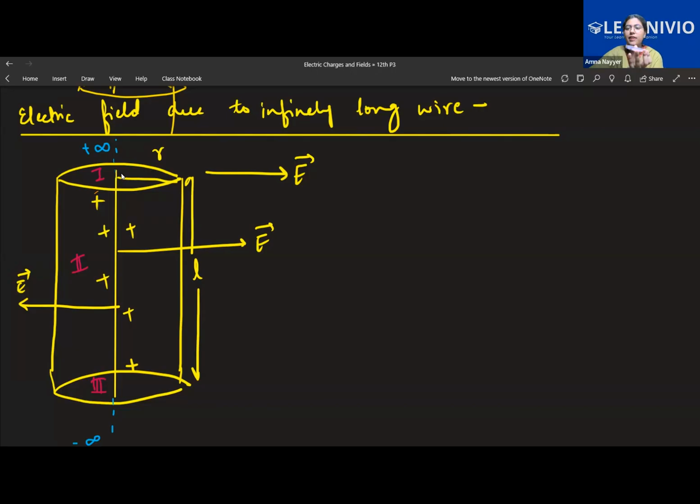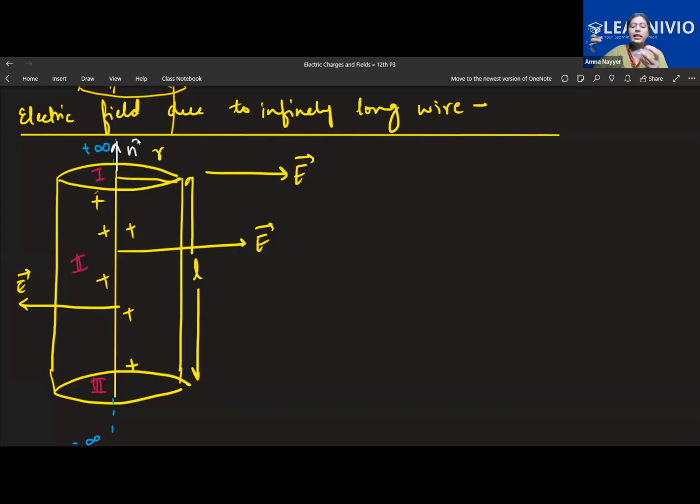Suppose this is the upper circular flat part of the cylinder, the flat part is this circular disc. If I drop a perpendicular to this, this is how it will look. When I extend it, this is n cap.